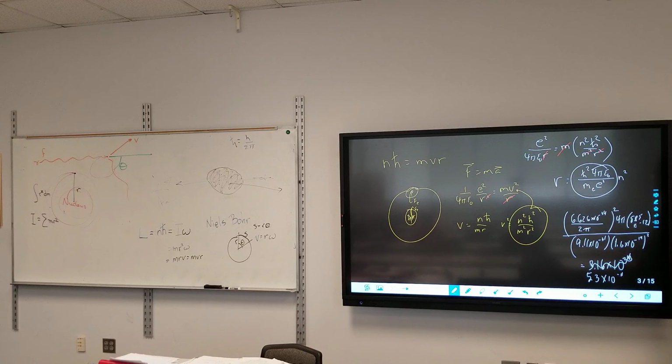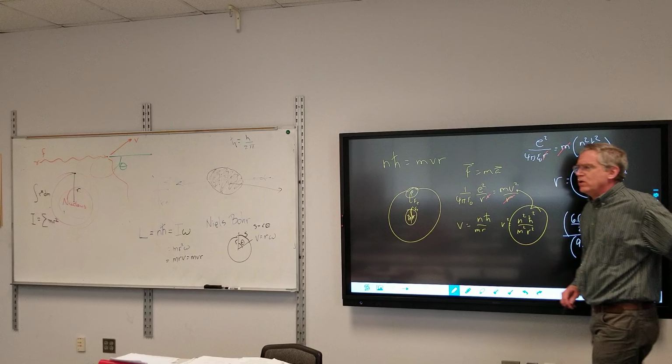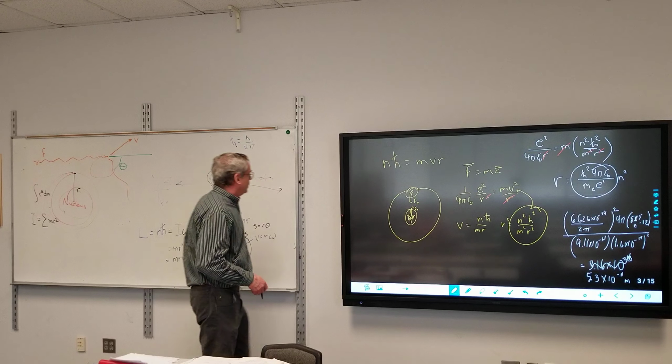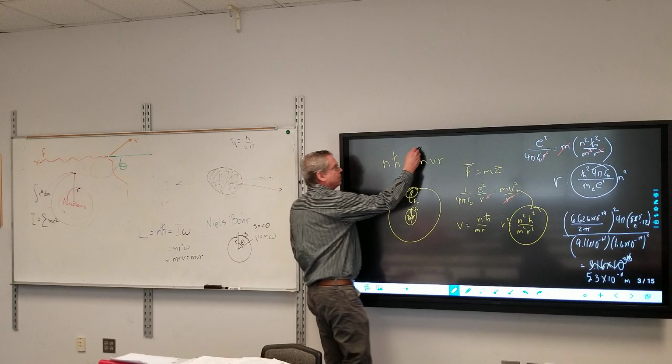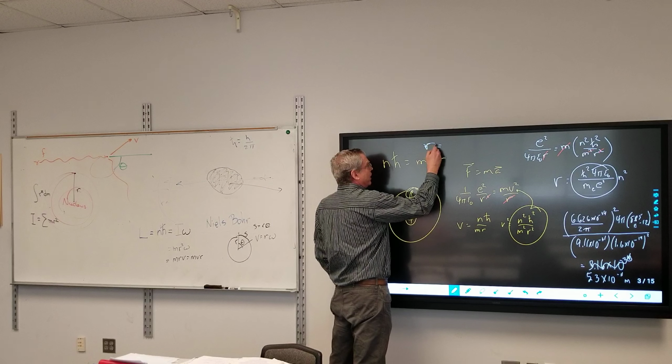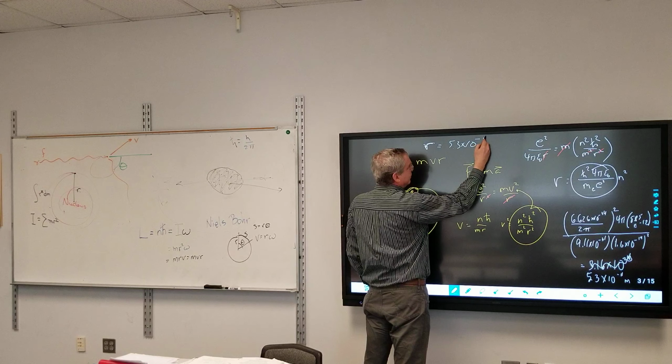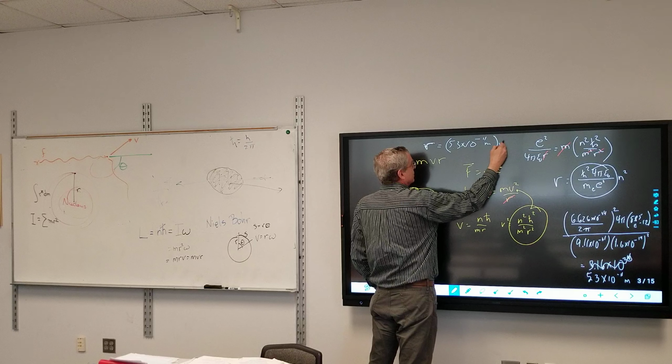Units? Meters? That's the radius, right? Yes, meters. This is known as the Bohr radius. And so what Bohr has now predicted is that the radius of an electron orbit is going to be 5.3 times 10 to the negative 11th meters times n squared.